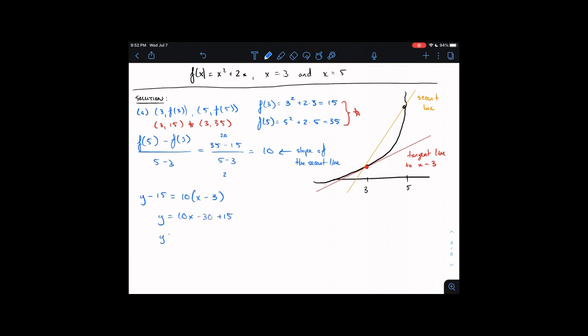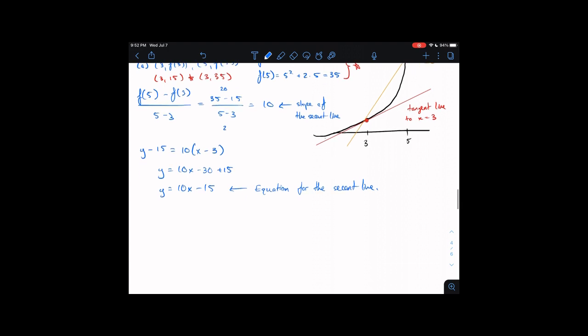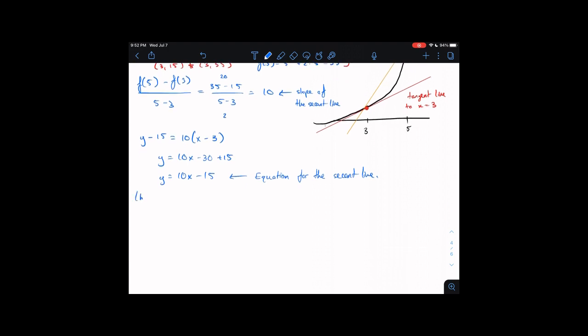And then simplify. Y equals 10x minus 15. So this is the equation for the secant line. So we're done with the first part.